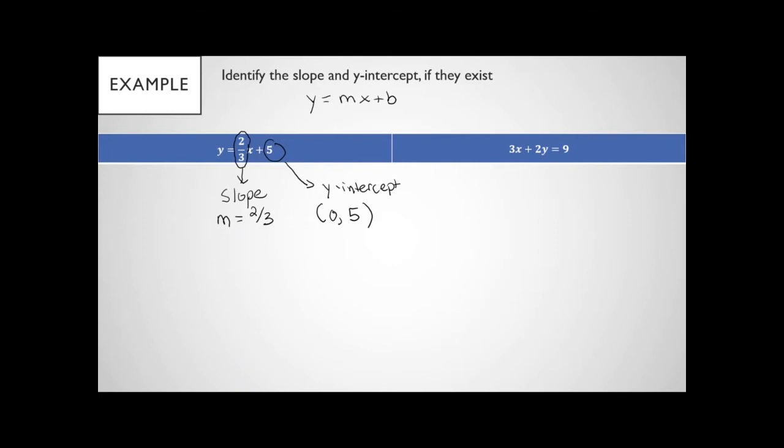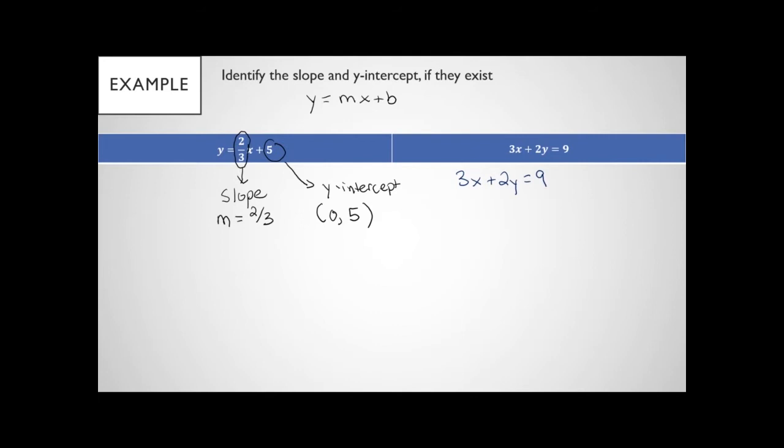Now the equation on the right, we have 3x plus 2y equals 9. In order to determine the slope and the y-intercept, you have to solve the equation for y. So this is not in slope-intercept form. I'm going to start by rewriting our equation and then start solving.